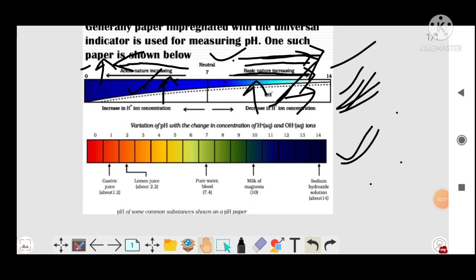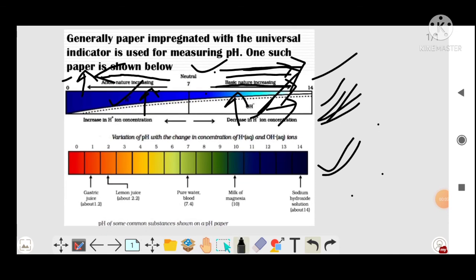This is the pH paper. Here are some common substances shown on the pH paper, from 0 to 14. Gastric juice has a pH of 1.2, which is acidic.